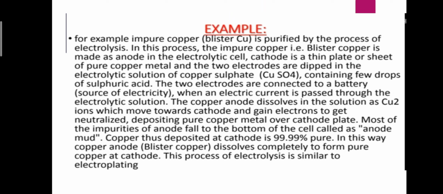Most of the impurities of anode fall to the bottom of the cell, called anode mud. Copper thus deposited at cathode is 99.99% pure. In this way, copper anode, that is blister copper, dissolves completely to form pure copper at cathode. This process of electrolysis is similar to electroplating.